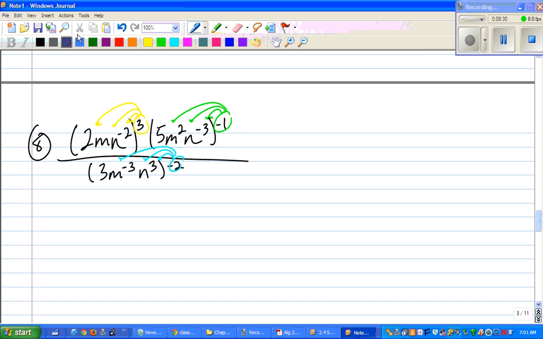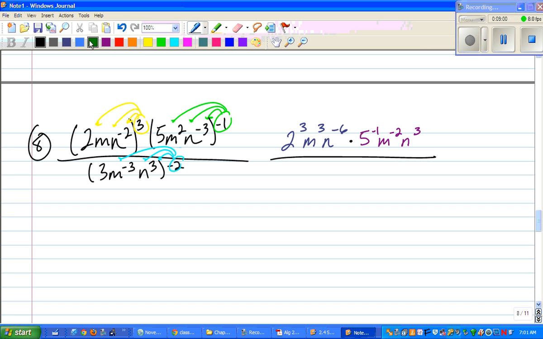So that first one changes to 2 to the 3rd, m to the 3rd, n to the negative 6th. Our next one changes to 5 to the negative 1st, m to the negative 2nd, n to the 3rd.